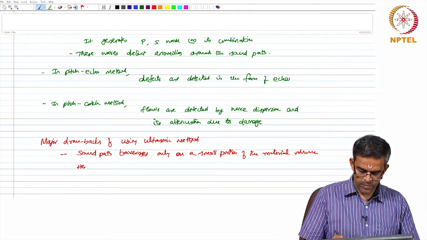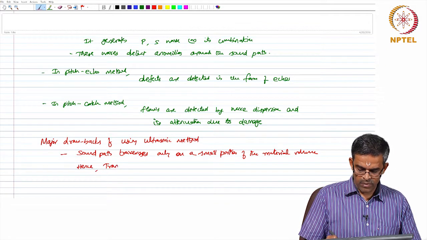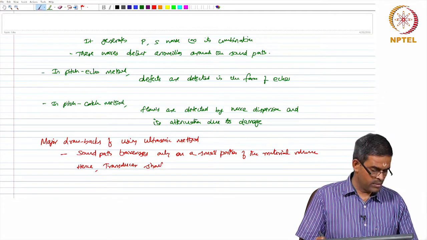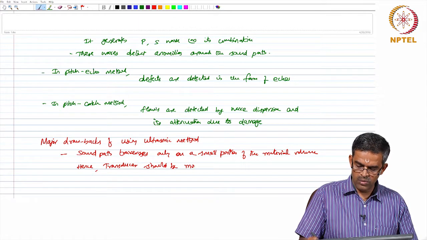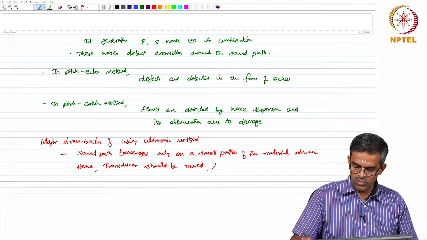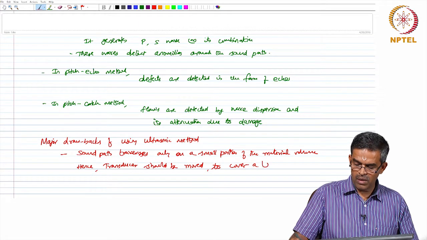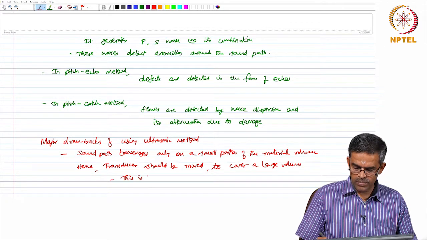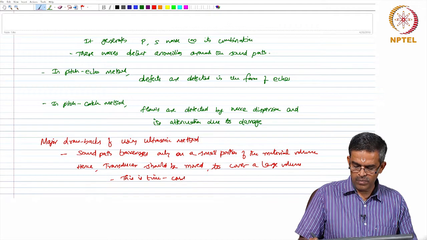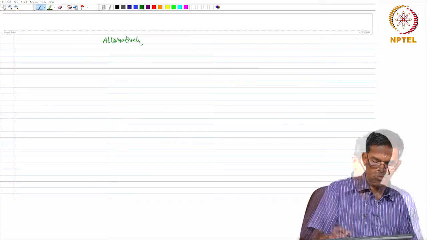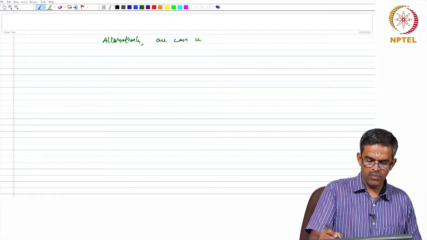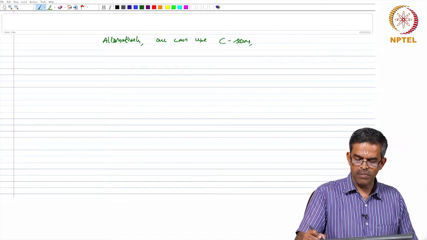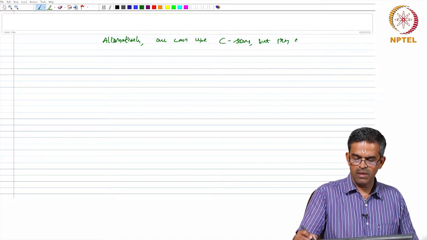Hence, the transducers should be moved to cover a large volume. This is time consuming. That is the first issue we have. One can use C scans, but they are expensive.